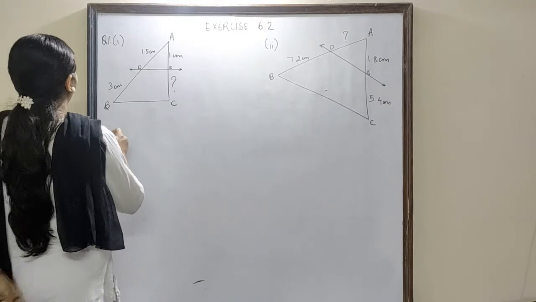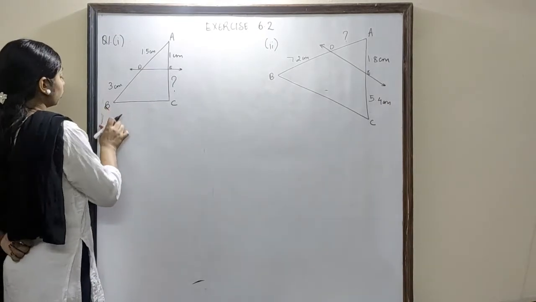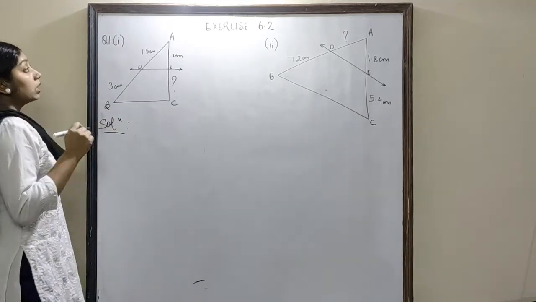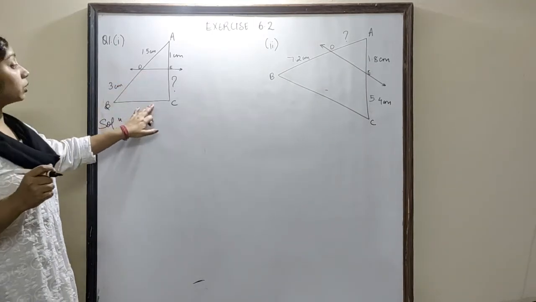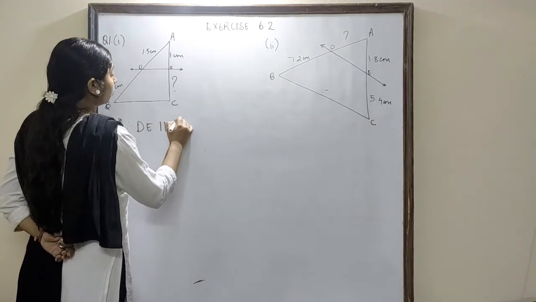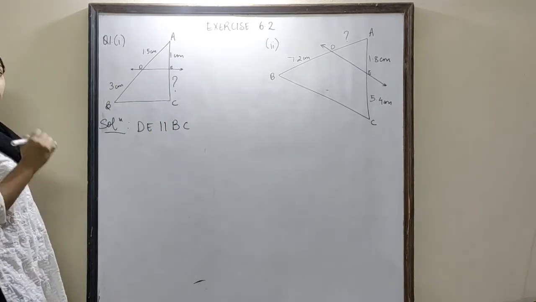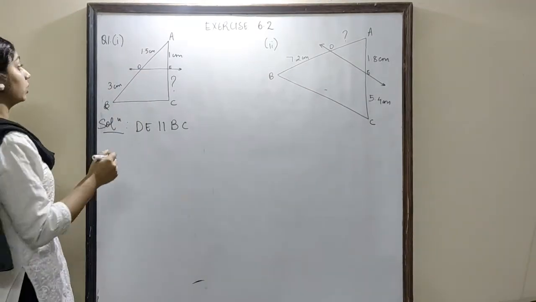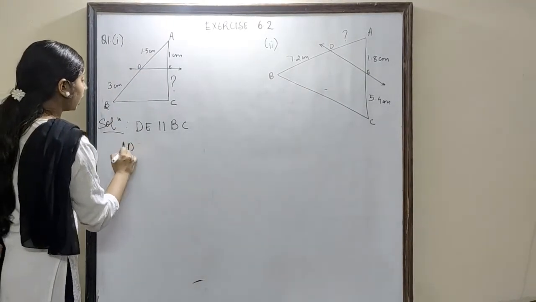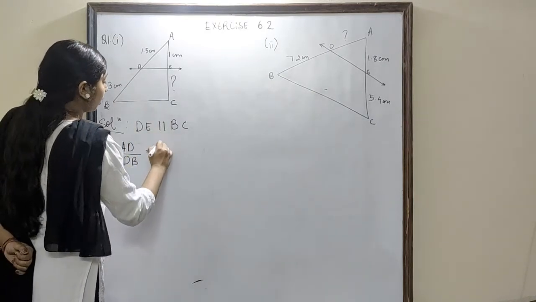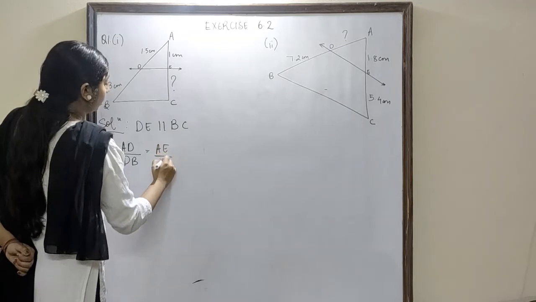Okay, so over here firstly in the solution part, since the line is parallel to this side, it's given that DE is parallel to BC. Therefore, the ratios will be same. We know by basic proportionality theorem or Thales theorem that AD upon DB is equal to AE upon EC.